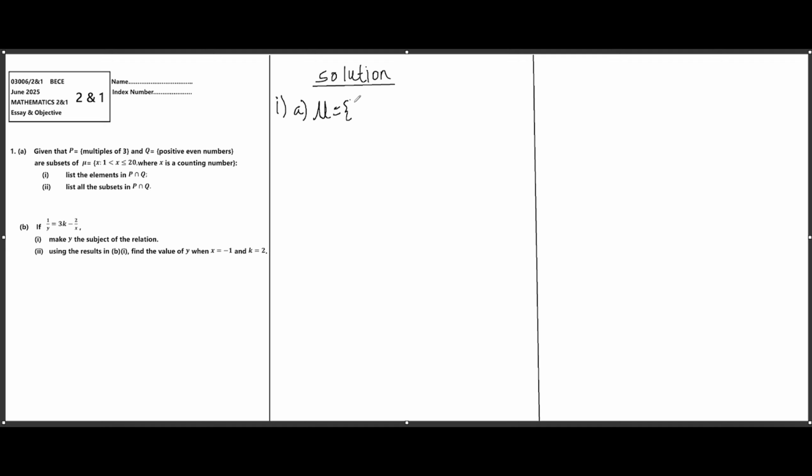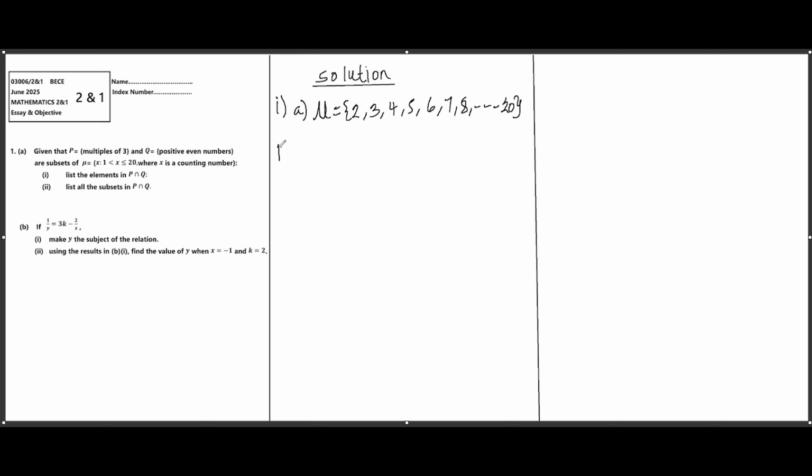You know that counting numbers start from 1, but looking at the range, we are to exclude 1, so we begin with 2. So 3, 4, 5, 6, 7, 8, 9, 10, 11, 12, all the way to 20. So these are the elements of the universal set.